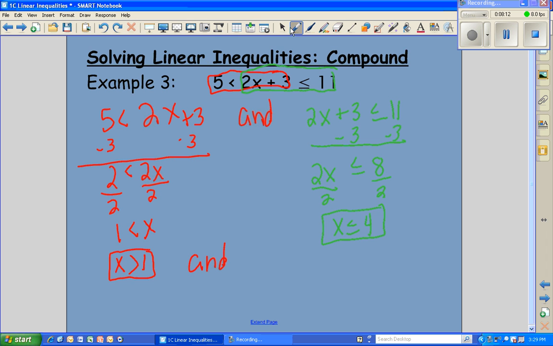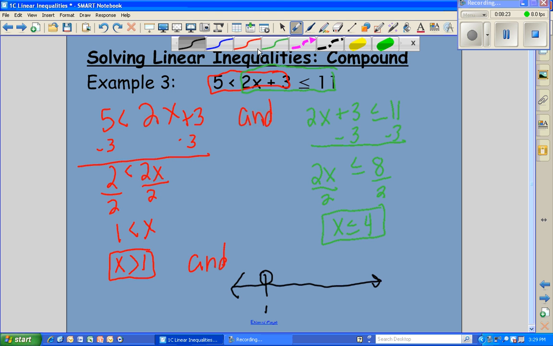So we need to figure out numbers that are both, because this is and, greater than 1, okay, which is everything over here, and we need to be less than 4, which is everything in the green.